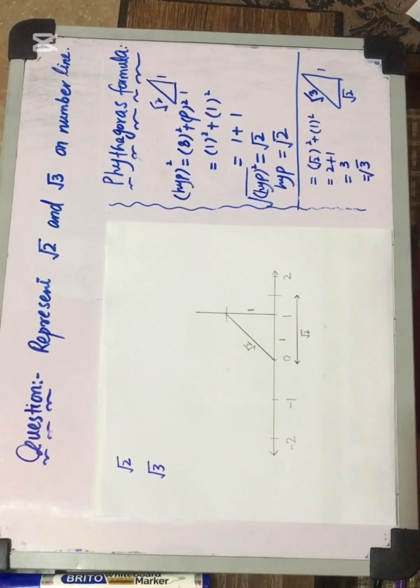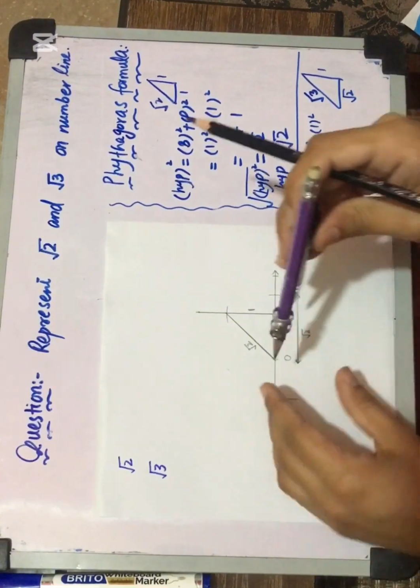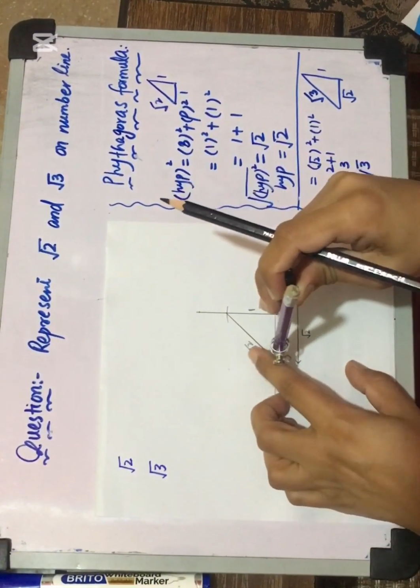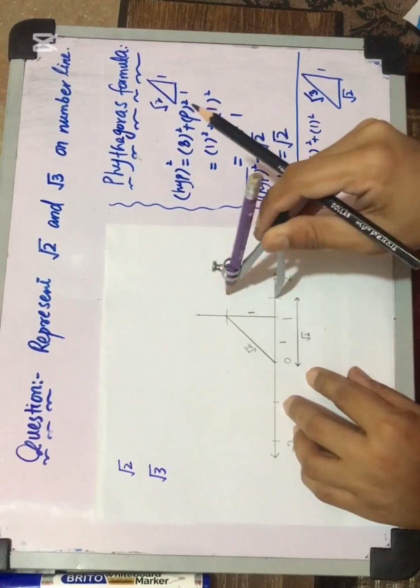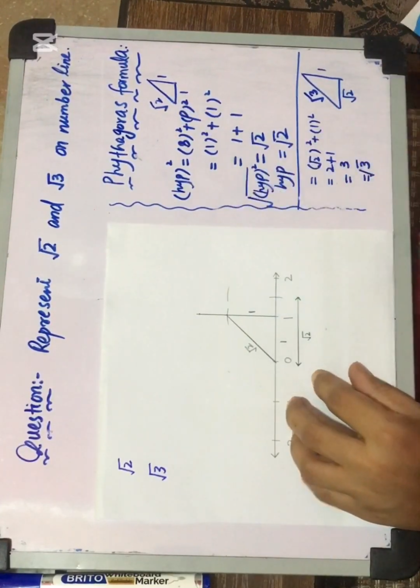Okay, for representation of square root 3 on a number line, we must have square root 2 at the base and unit 1 on the vertical line as a perpendicular. So I will use this square root 2 as a base, and now I'm going to take at a vertical line, unit 1. For this unit 1, I will draw a length of unit 1 here with the help of compass.